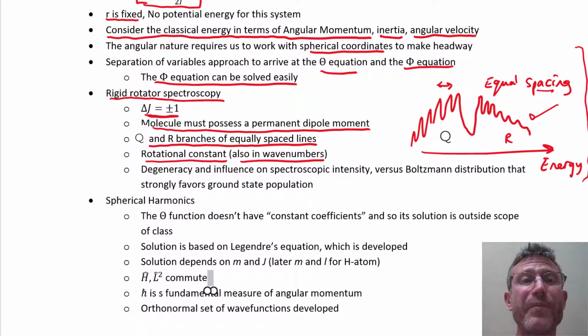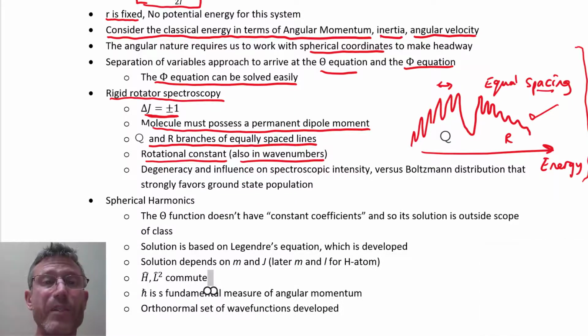So as J increases, we're going to get a larger number of states for a particular energy. So a larger number of eigenvalues and eigenfunctions for a particular energy.